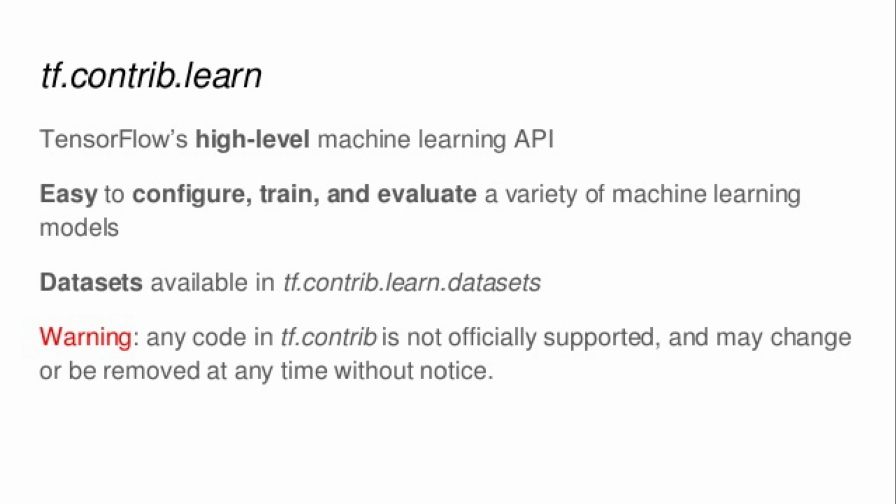TFLearn features include: number 1, an easy to use and understand high-level API for implementing deep neural networks, with tutorials and examples. Number 2, fast prototyping through highly modular built-in neural network layers, regularizers, optimizers, and metrics. Full transparency over TensorFlow.